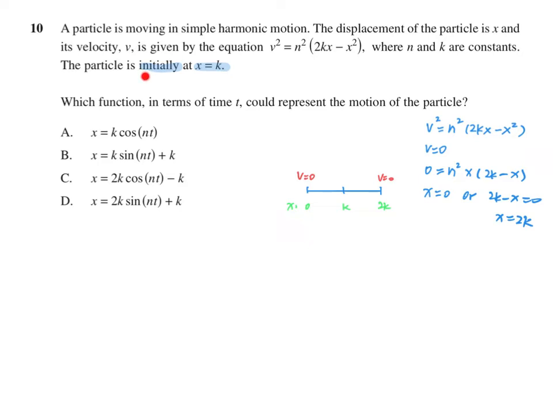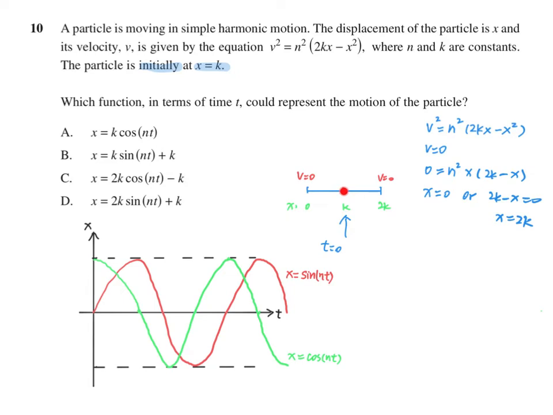The question tells you that the particle is initially at x equal to k. That means at the very beginning, when t equal to 0, the particle should start from here at the center. And now let's take a look at the sine and cosine curves. Both are oscillating curves.